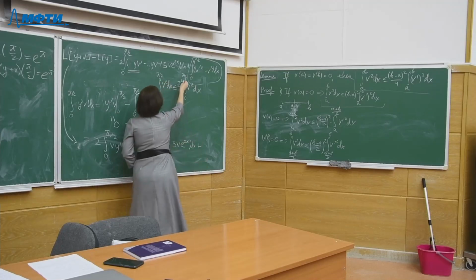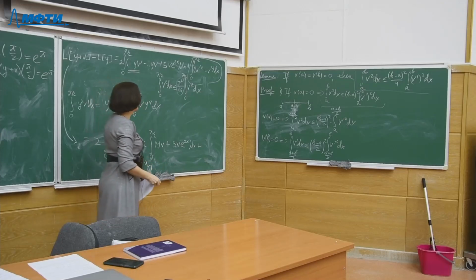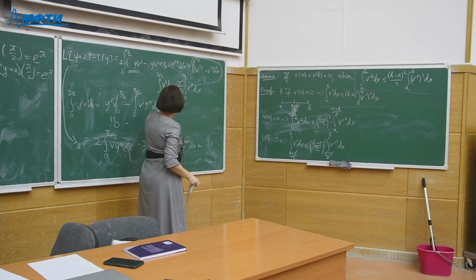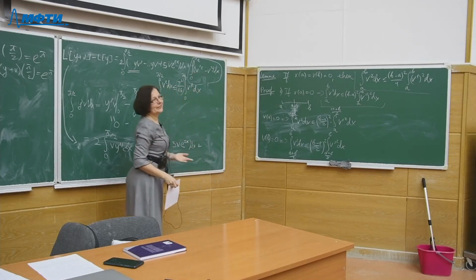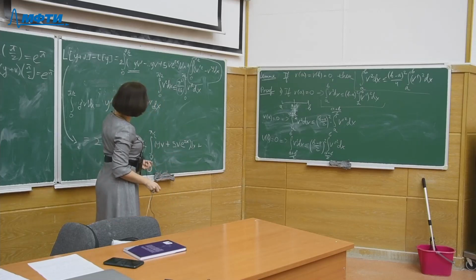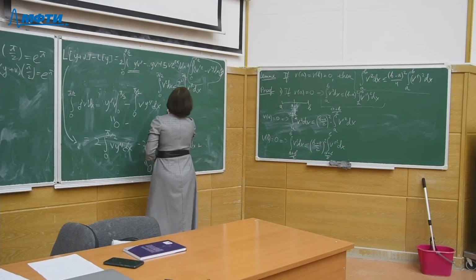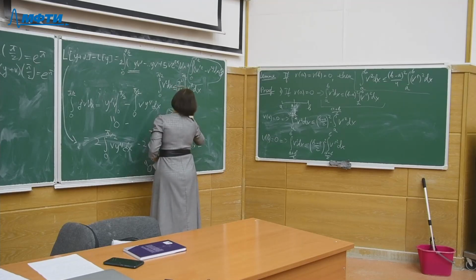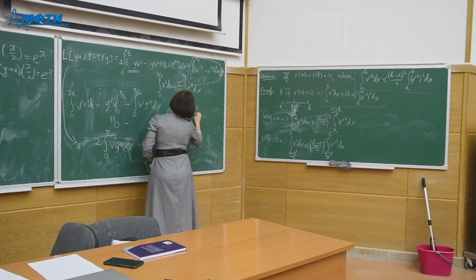So now we need to prove that this constant is less than 1. Since this constant is less than 1, this integral is positive, because it is greater than or equal to the integral from 0 to pi over 2 of v prime squared minus pi squared over 16 times v prime squared.